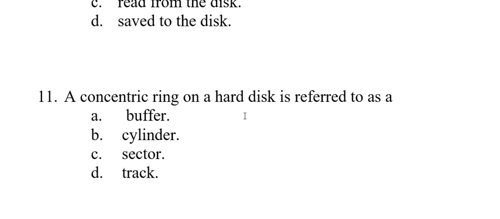Number 11. A concentric ring on a hard disk is referred to as tracks. That is tracks. The rings, okay? Buffer. Okay, let me explain what is a buffer.